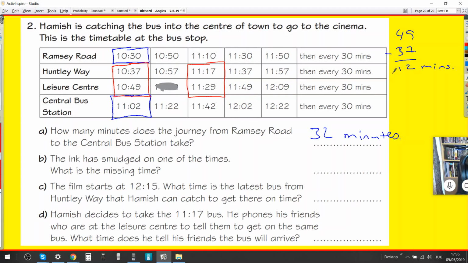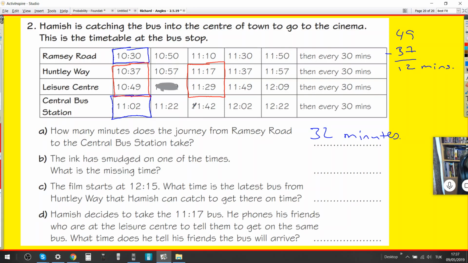So it is a difference of 12 minutes. So I'd add on 3, then add on the rest. So you're adding 3 minutes to this time. So will that be 11 o'clock?